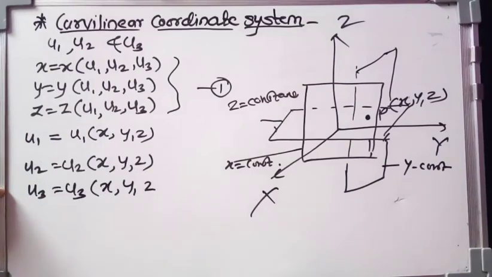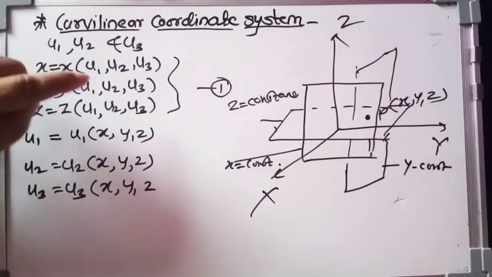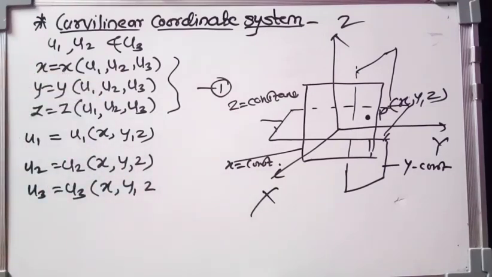Means we have first equations for x, y, z in terms of u1, u2, u3, and you can convert these equations for u1, u2 and u3 in terms of x, y, z coordinates.